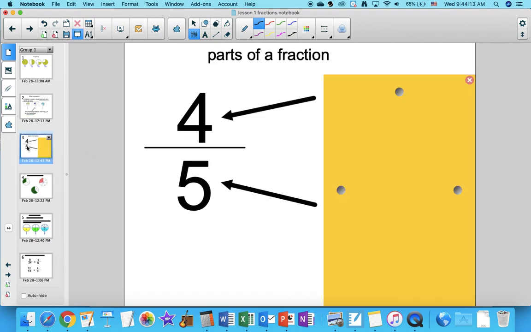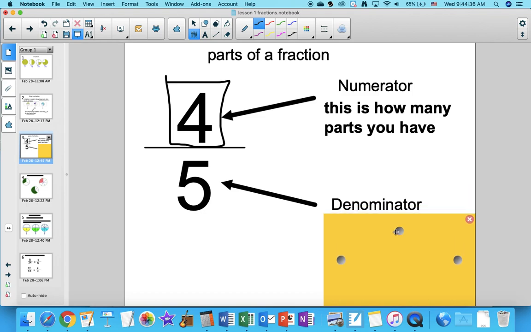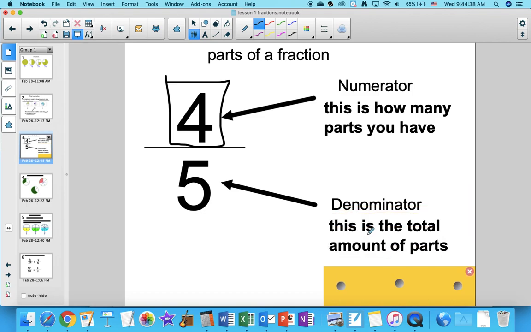There are certain key parts you need to know about fractions. For example, the top part and the bottom part. You should know that the top part is called the numerator. This is how many parts you have, right? So if I were to look at this fraction, the top number is telling me I have 4 parts. The bottom is called the denominator, and that is the total number of parts.